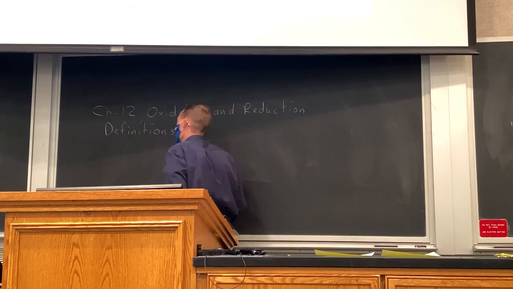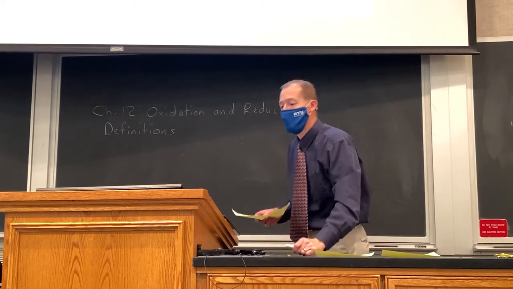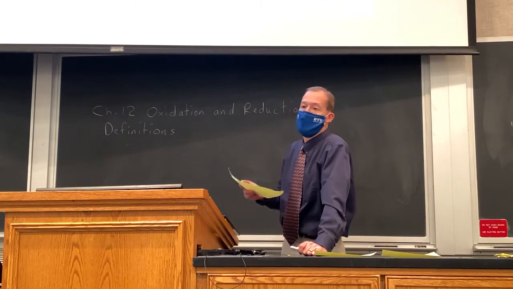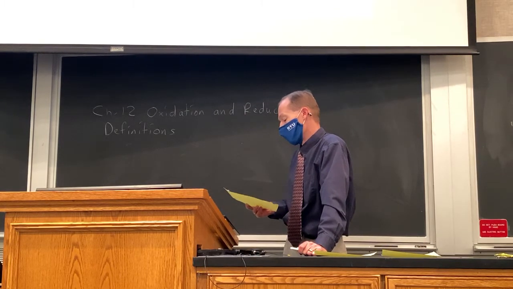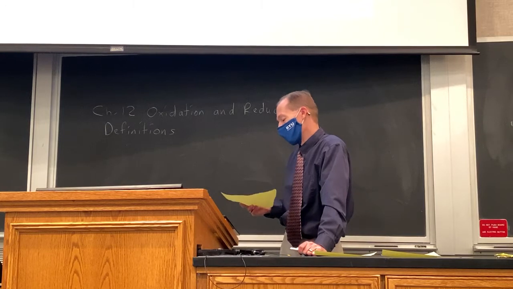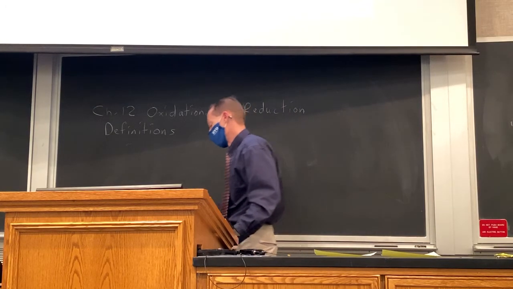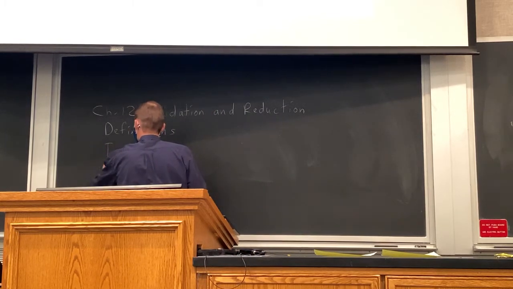We defined oxidation and reduction a bit differently than you're used to defining them in general chemistry, based on changes in the numbers of carbon heteroatom bonds as well as carbon-hydrogen bonds. So being able to define oxidation and reduction is an important part of this chapter.